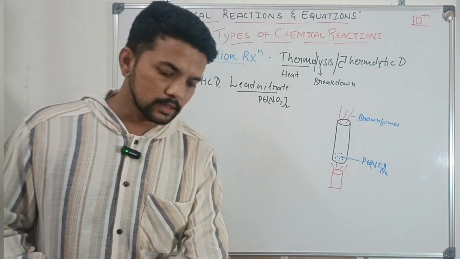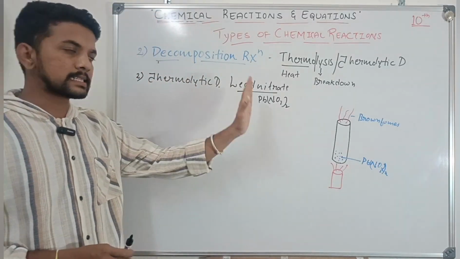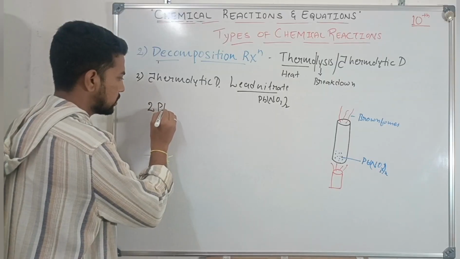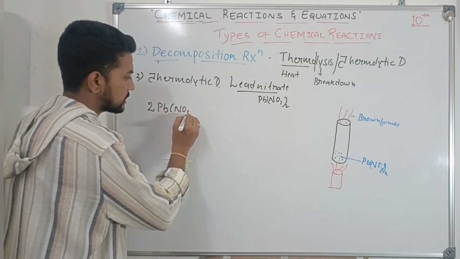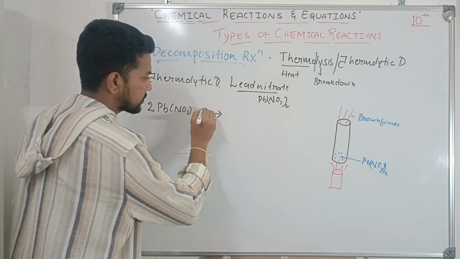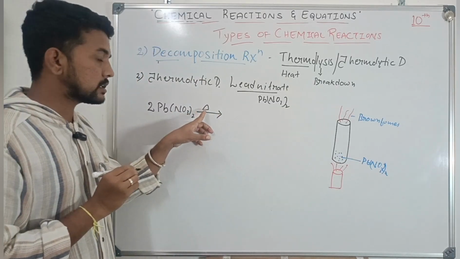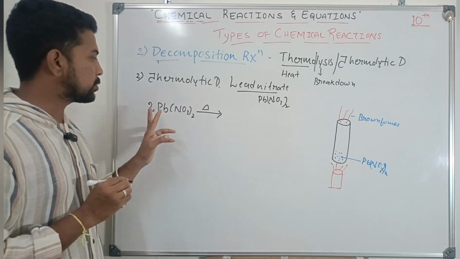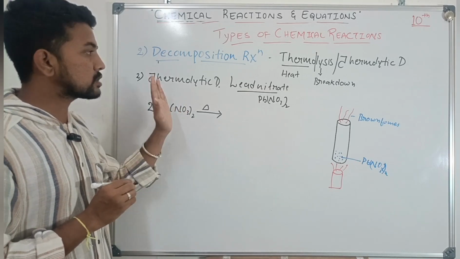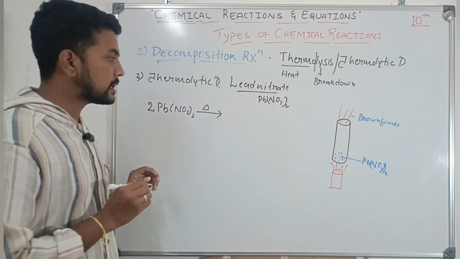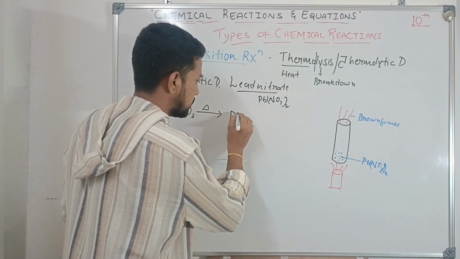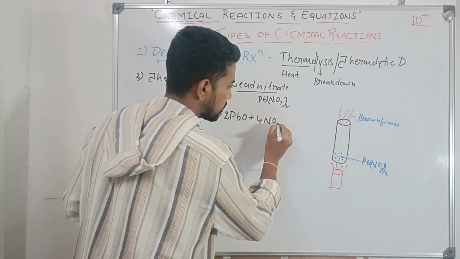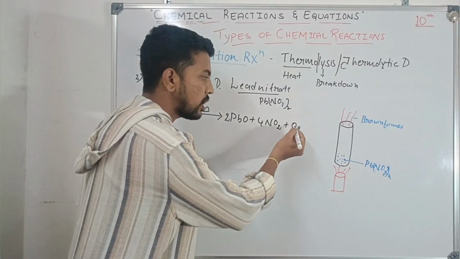When the lead nitrate crystals undergo thermal decomposition, the delta is the representation of the heating process. There is a formation of lead oxide and nitrogen dioxide gas along with the evolution of oxygen gas.